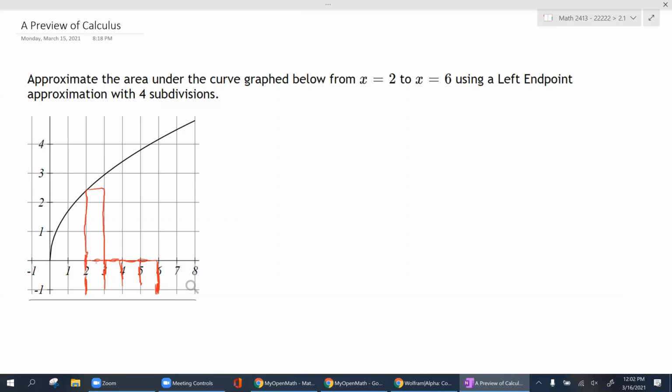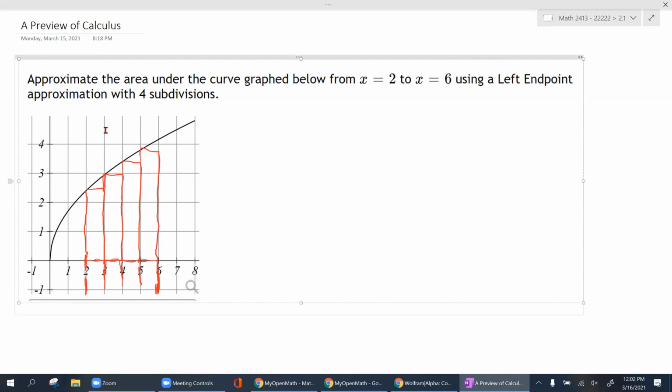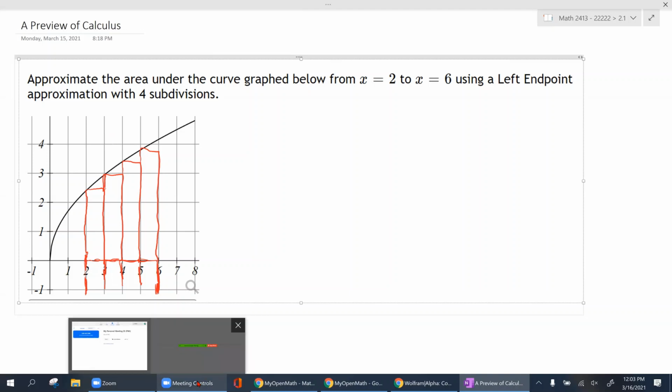You do the same thing with the other subdivision: you go up all the way from here, and when you hit the graph, you go over and then back down. You do the same thing for all of these: up, across, and then down. That right there is 4 rectangles, 4 subdivisions.